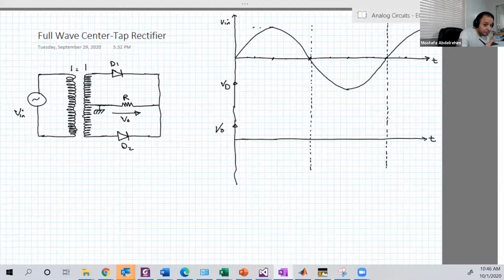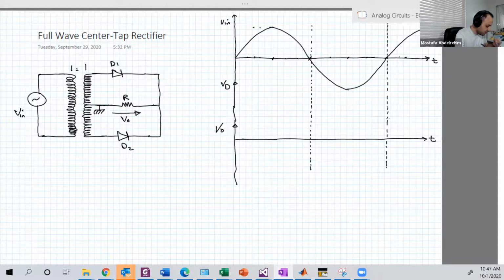This circuit basically needs a special type of transformer called a center tape transformer. This transformer provides you with some extra ground connection, and it has very useful applications. This is one of its applications.